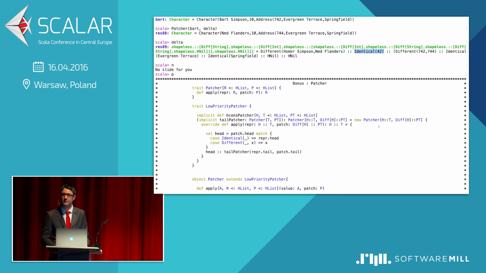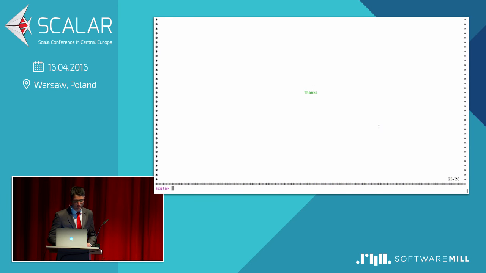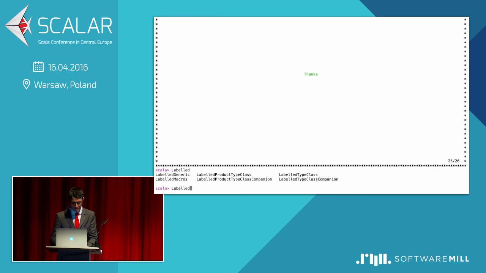Okay. Any other question? Yes? You mentioned labelled generic. As far as I know, it's just generic with labels, right? And then the types of the fields of the generic, right? If I get it correctly. Yes. Is it possible to filter out, for example, the fields with a specific type?